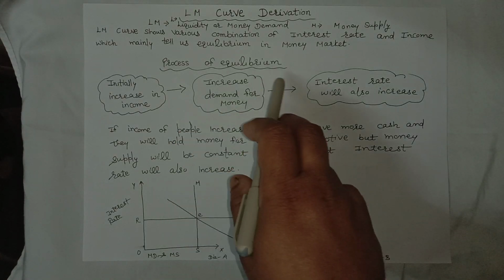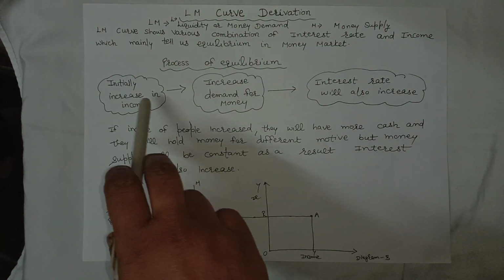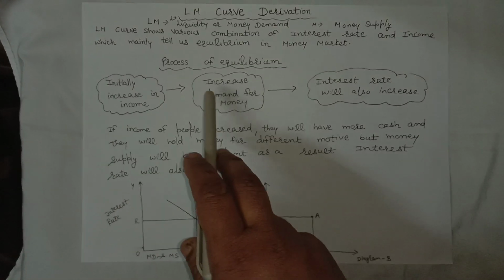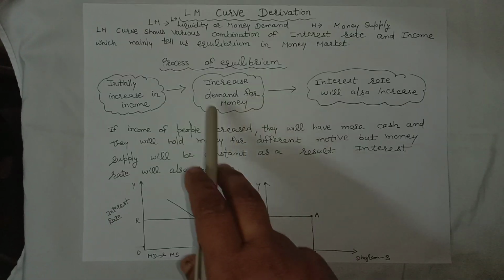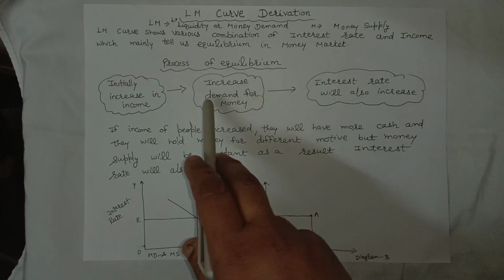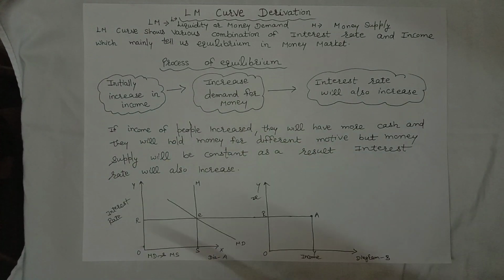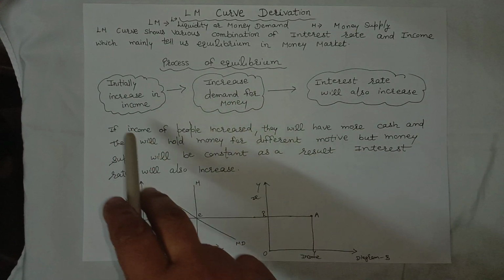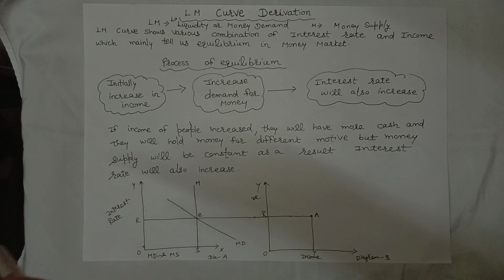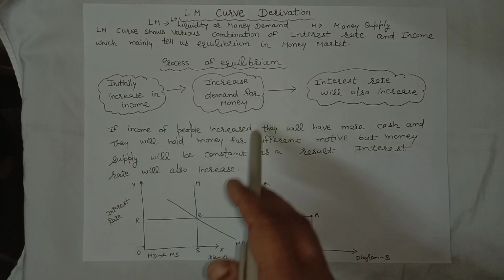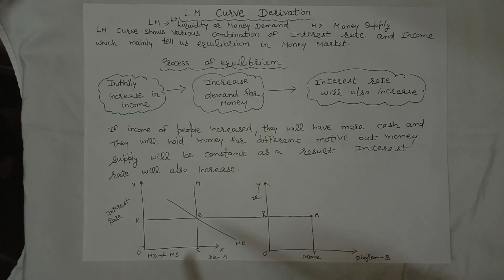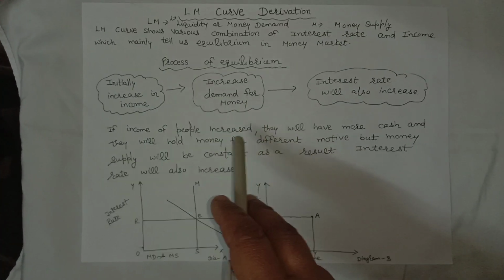So, how does the process of equilibrium happen? Initially, an increase in income leads to increased demand for money. Suppose the income of one person increases continuously. That person will hold more money for different motives, to satisfy his needs or for other purposes.